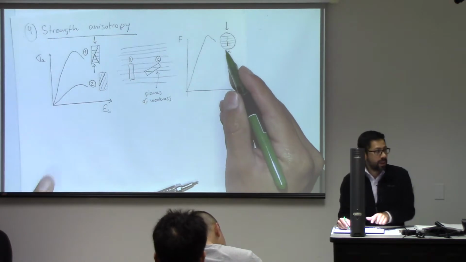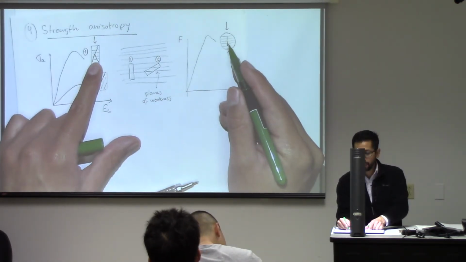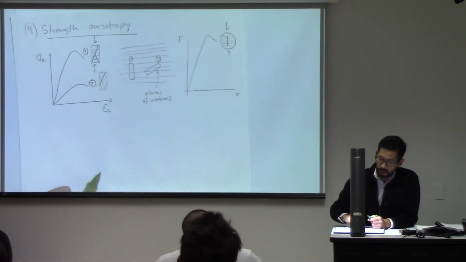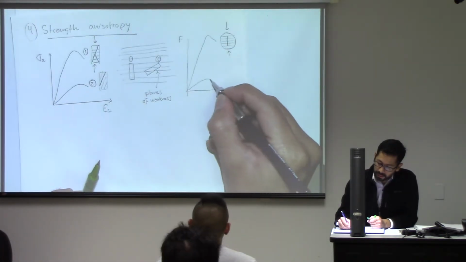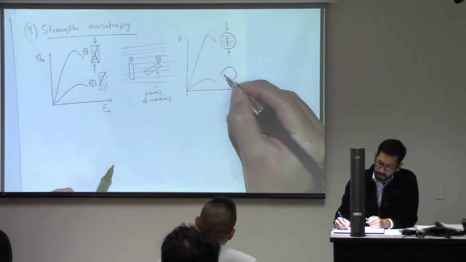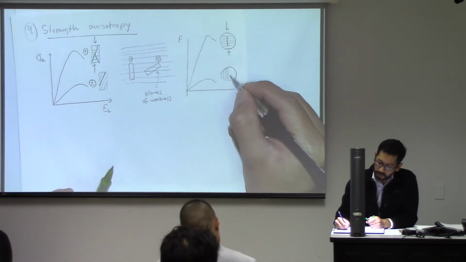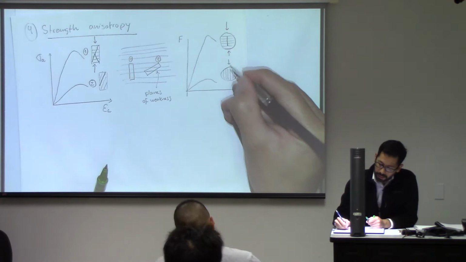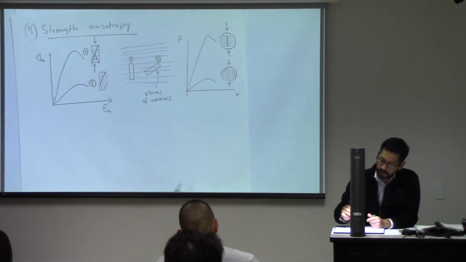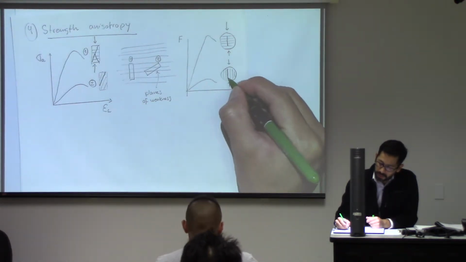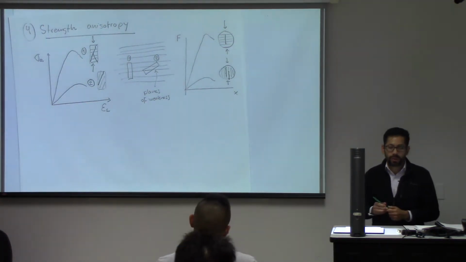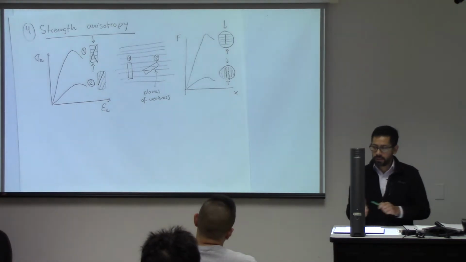So again, the same as before, you see you have to cut through layers of intact rock. And that's going to make it stronger. However, if you run the same test, but now you put the rock with the weak planes in this direction, you may expect that now this tensile strength is going to be much lower because the fractures are just going to propagate through those planes of weakness.